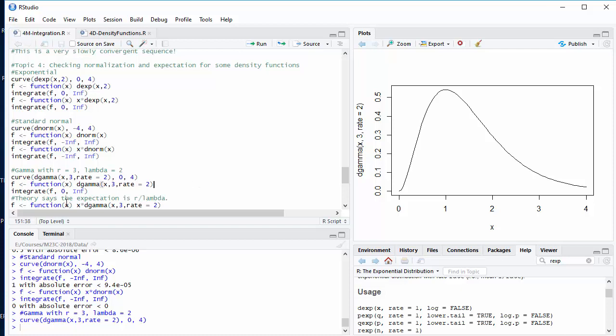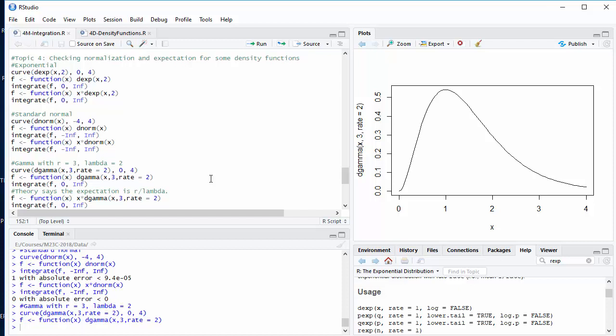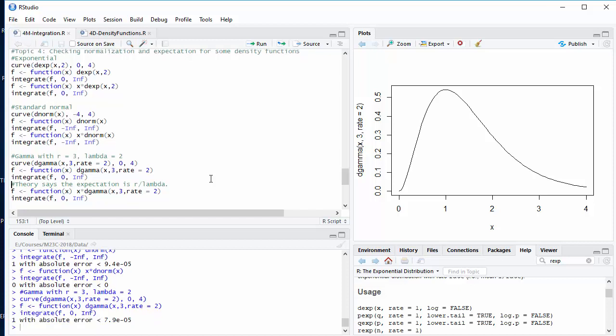So here again is my function of x only. I use the dgamma function, but say f is the dgamma function evaluated at x for these fixed values of the parameters 3 and 2. Integrate from 0 to infinity. That had better be 1 because it's a density function, and indeed it is.